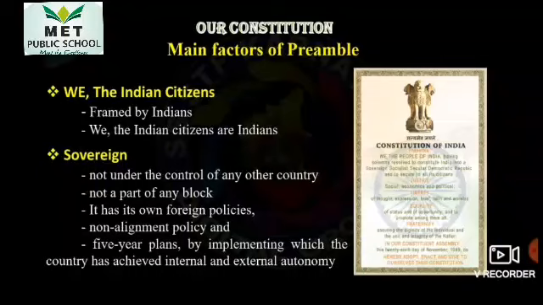What does the preamble of the Constitution say? The preamble says, "We the people of India, having solemnly resolved to constitute India into a sovereign, socialist, secular, democratic republic and secure to all its citizens, justice, social, economic and political, liberty of thought, expression, belief, faith and worship, equality of status and of opportunity, and to promote among them all fraternity, assuring the dignity of the individual and the unity and integrity of the nation."